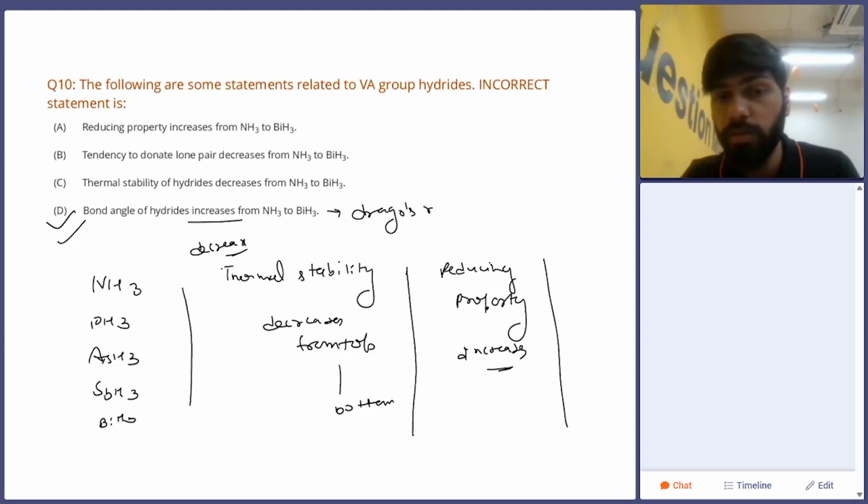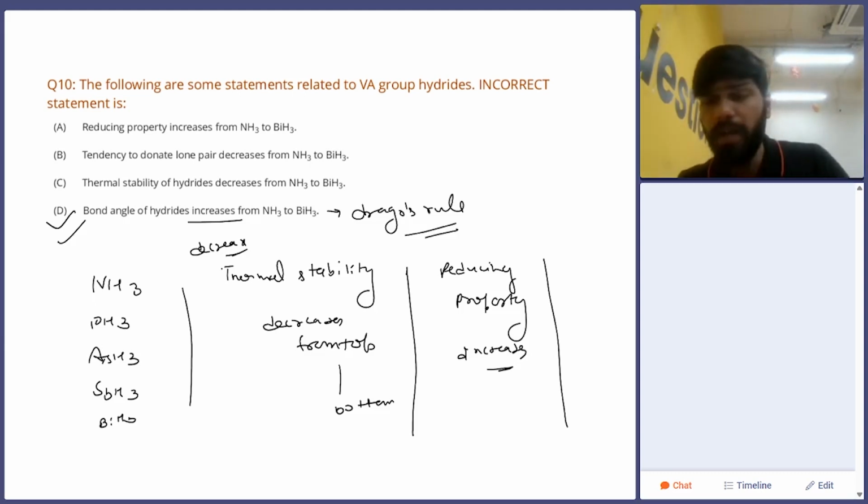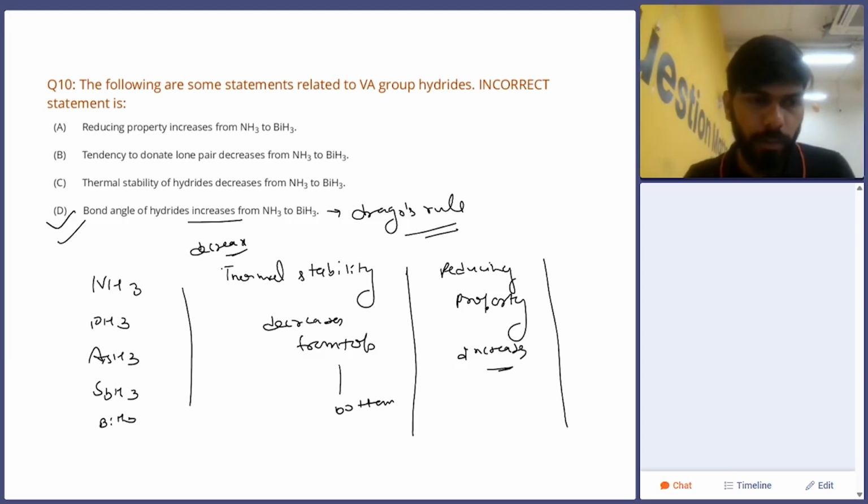Drago's rule says that for nitrogen family and oxygen family, the 15 and 16 group elements, when they form hydrides, the electronegativity of elements from period 3 and later periods is either similar or nearly similar to hydrogen. That's why their bond angle decreases. Okay, that's Drago's rule. So the right option here, option D, is appropriate and correct.